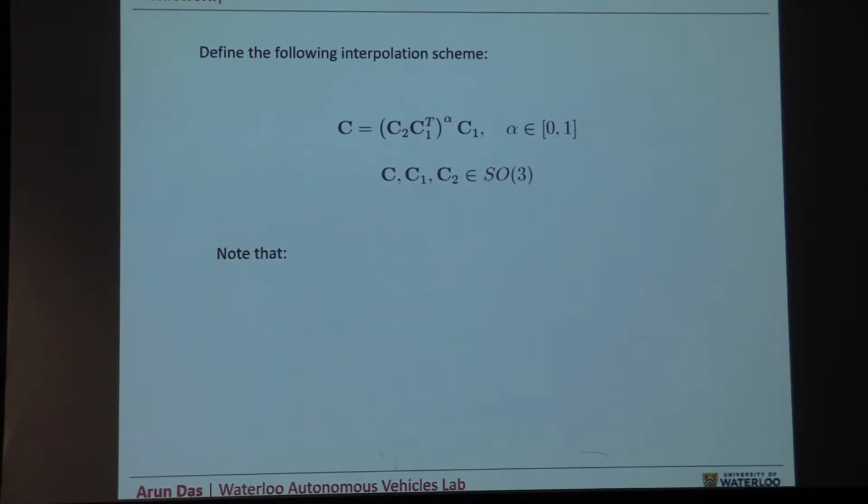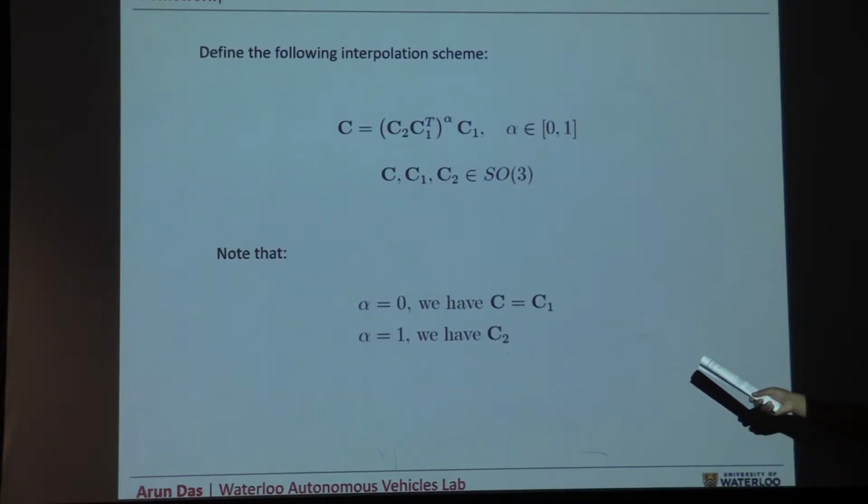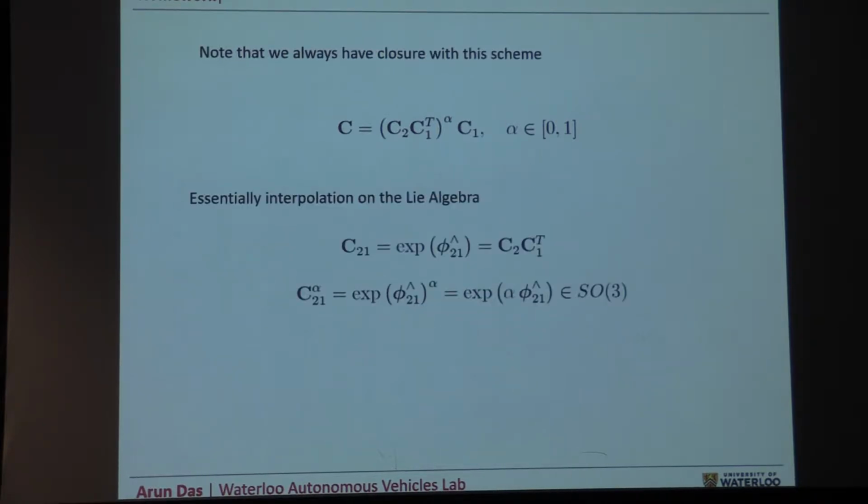So let's take a closer look at what this is actually doing. This is what I was talking about here. When alpha equals 0, we have that C equals C1, and when alpha equals 1, we have C2. Right, so let's take a closer look.